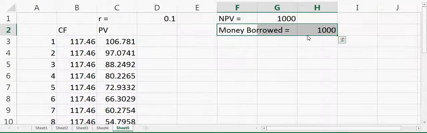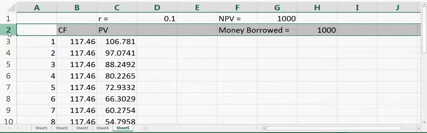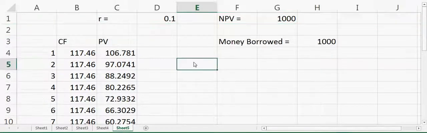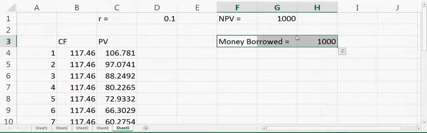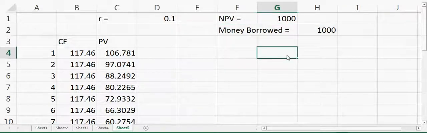Let me insert a column here. Now suppose the person wants more detail on the payment he's making. He wants to know, whenever he makes a payment, how much he is paying for interest and how much he is paying for the principal. How can we calculate it?